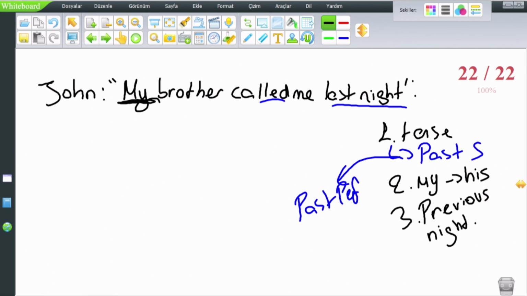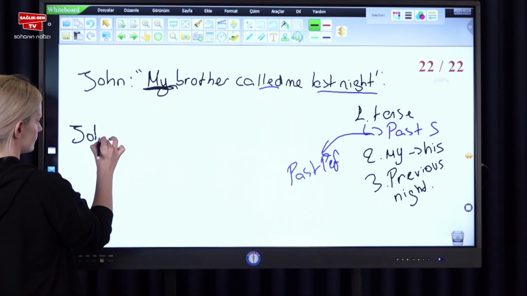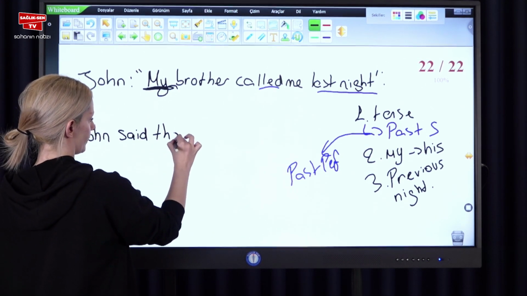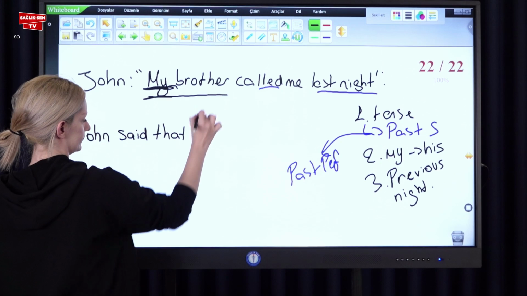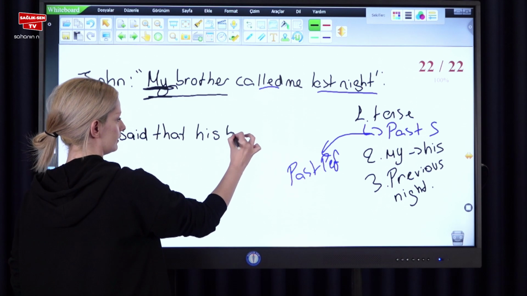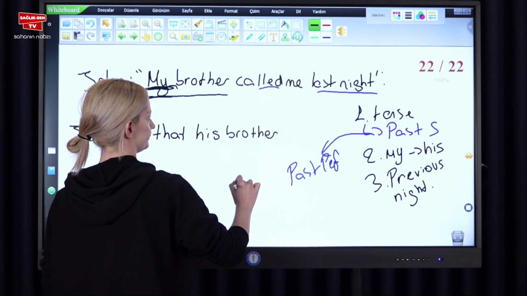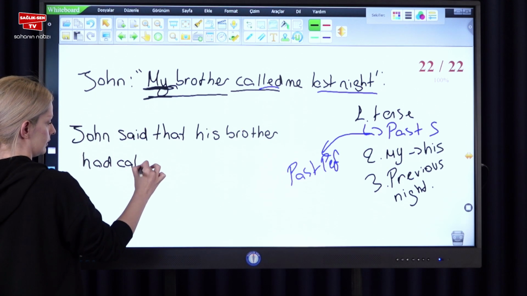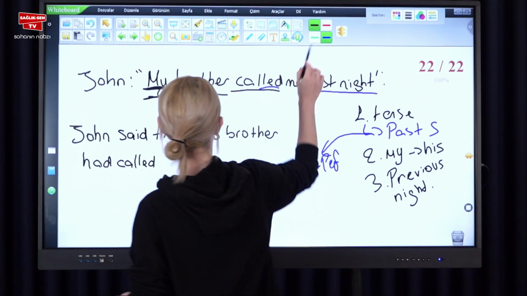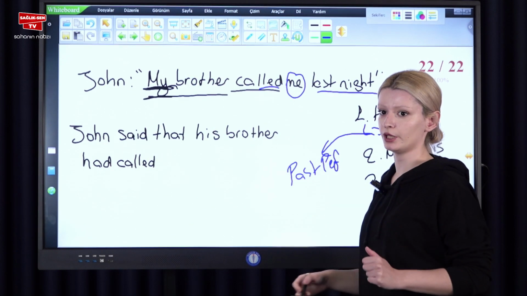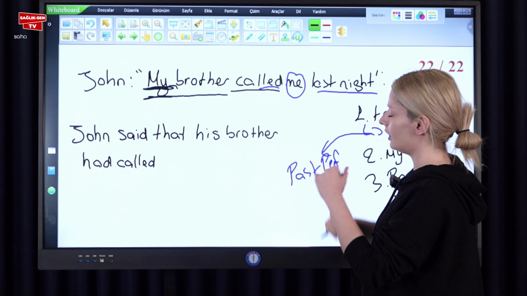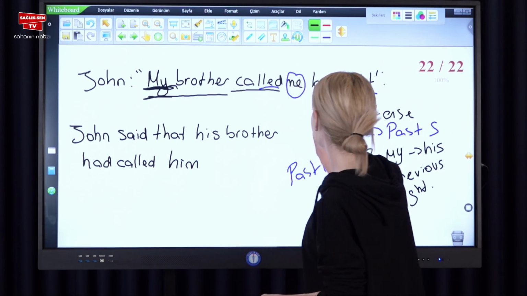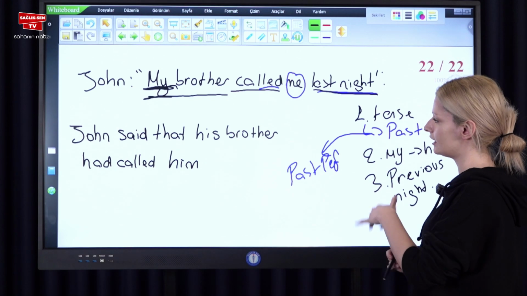So let's rewrite this sentence. John said that his brother had called. I have also an object pronoun here, and I will transform me into him. And I won't say last night.